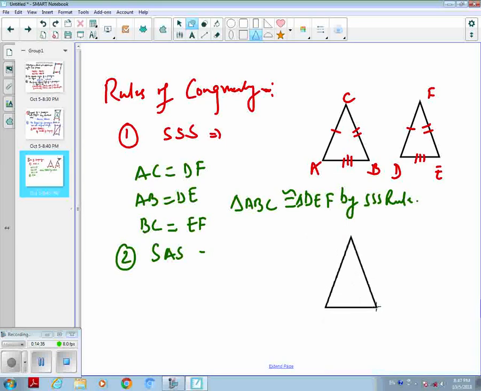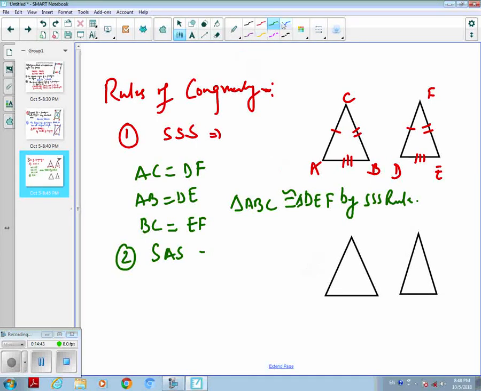If there are 2 triangles, this is first, this is second, this is A, B, C, this is D, E, F, then this side of triangle ABC is equal to the corresponding side DF of triangle DEF, then angle 1, let this be angle 1, is equal to angle 2, and then the third one, BC is equal to EF, like this.